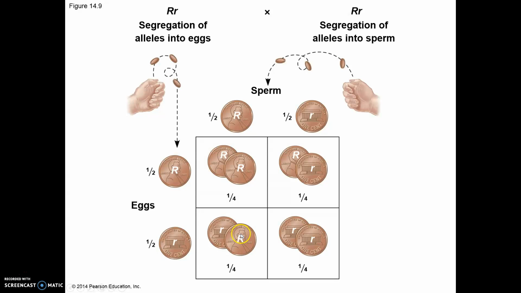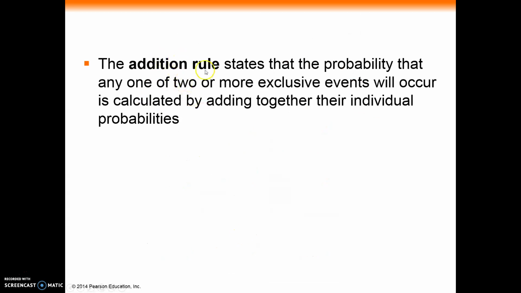That's where we come into something called the addition rule. So the addition rule states that the probability that any one of two or more exclusive events will occur is calculated by adding together their individual probabilities.